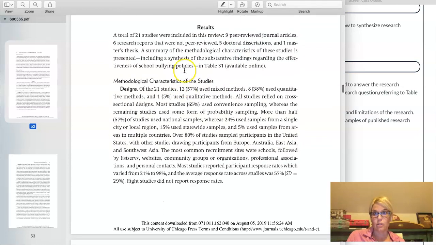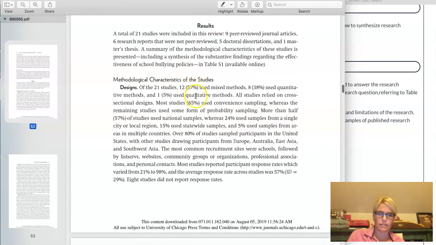So the methodological characteristics of the study. This is one of your columns. Of the 21 studies, 12 used mixed methods, 8 were quantitative, 1 was qualitative. They were all cross-sectional. Most of them used convenience sampling. Some of them were probability. More than half used national samples, whereas 24% used samples from a single location or region.